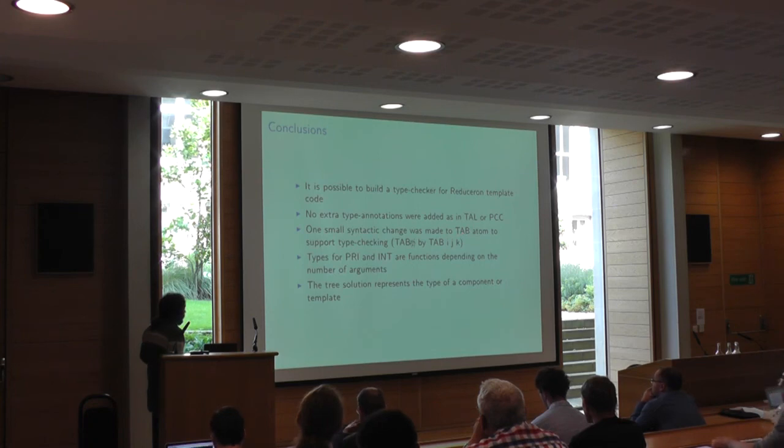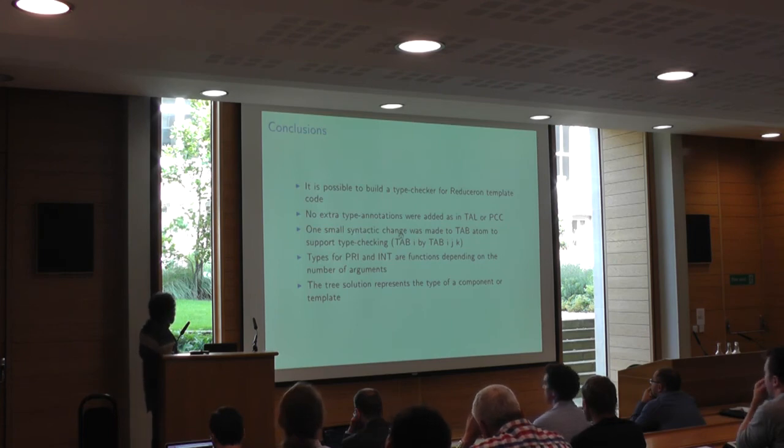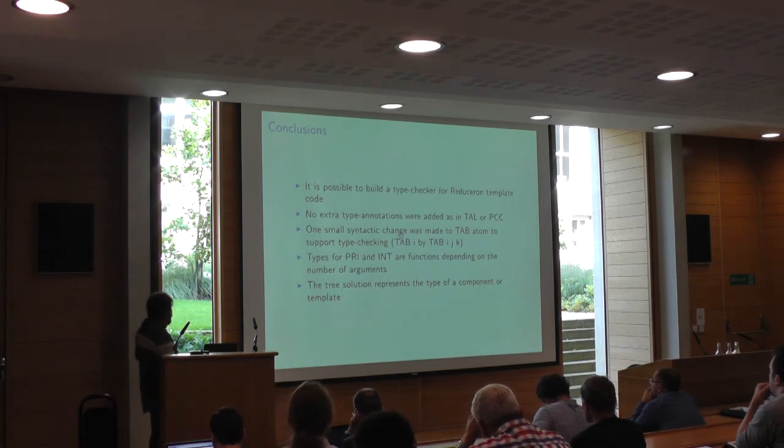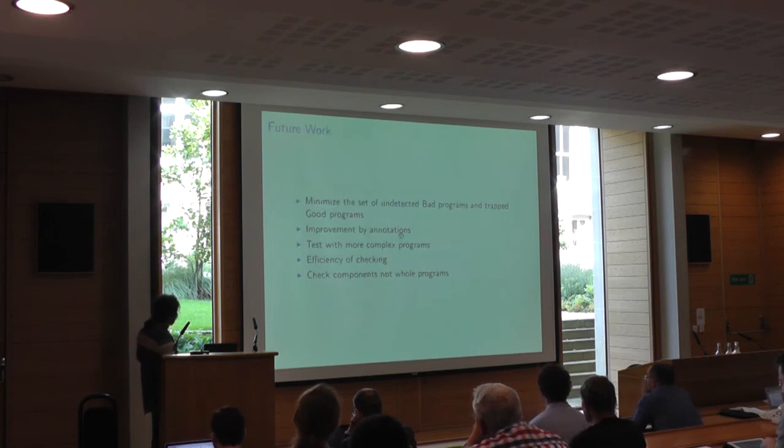It only has one. And we use another. We have provided for primitives and means some kind of functional types depending on the number of the arguments. And of course, we want to use this kind of tree solutions to represent all that.